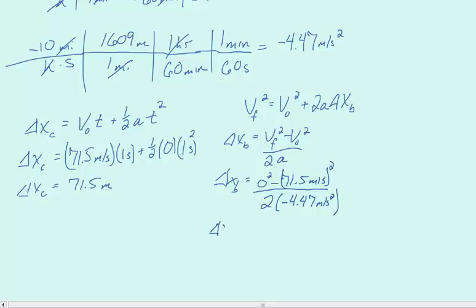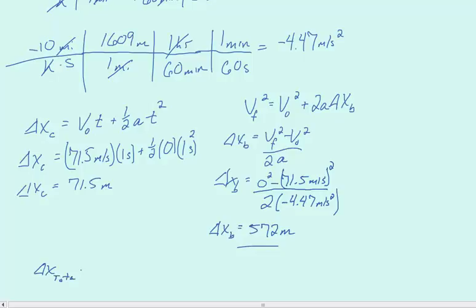And when we multiply and divide this out, we see that our change in displacement when the plane is applying its brakes is equal to 572 meters.